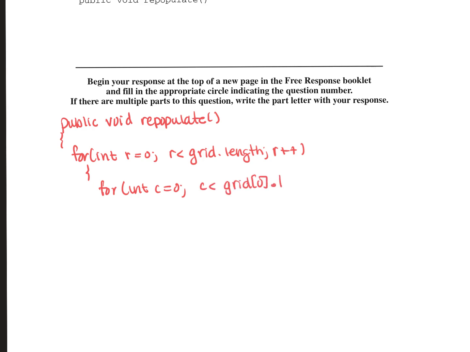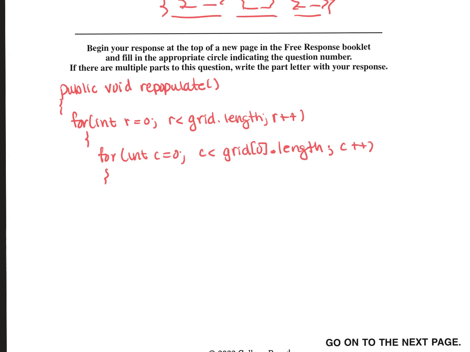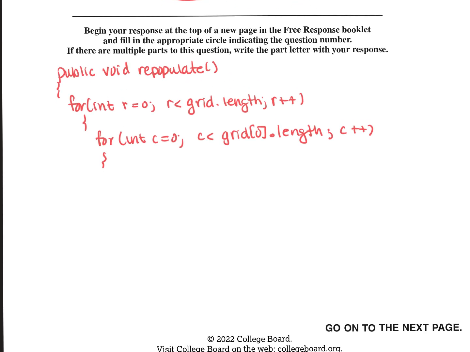That's picking up the 0th row and finding the length, which would be the number of columns. Remember, you want to think of an array as an array of arrays. So the big array would be like your rows, the smaller arrays are your columns, and everything in AP is going to be rectangular.